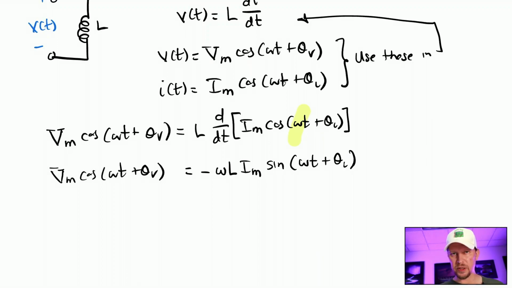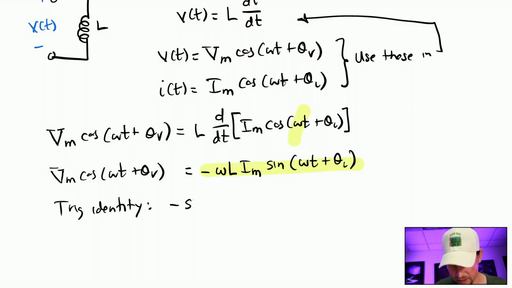Now, to be able to see what the relationship is between the phase constants for the voltage and the current, I have to mathematically massage this equation a little bit to make it look like a cosine. And I'm going to call upon a trig identity. The trig identity is that minus sine of any angle whatsoever is equal to the cosine of the same angle plus 90 degrees.